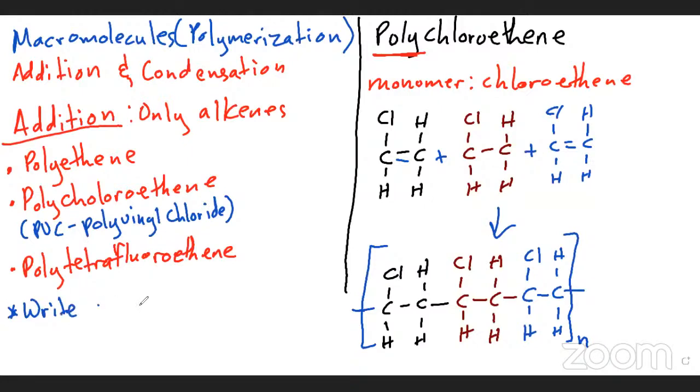Sir, why did you replace the single bonds between the two ones at the end with a plus sign? To show the addition polymerization? Where, exactly? Up here, why did you put the plus sign? Right, because we're joining this to this and this to this. Oh, okay.